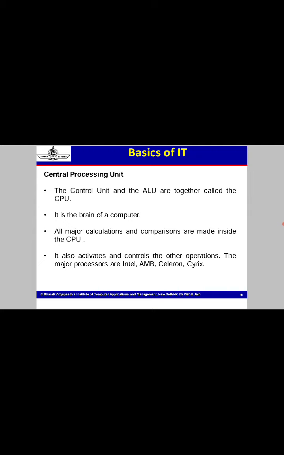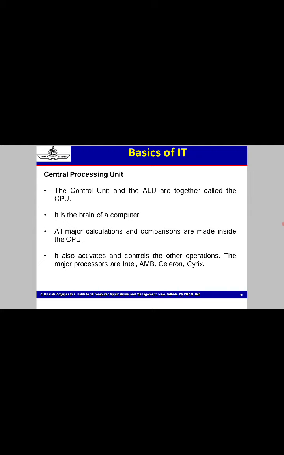So what is a CPU or a central processing unit? A central processing unit generally contains three main parts: a control unit, arithmetic and logic unit, and processor. It is the brain of a computer or the nervous system of a computer. All major calculations and comparisons are made inside the CPU.